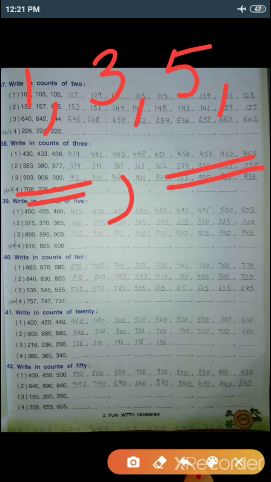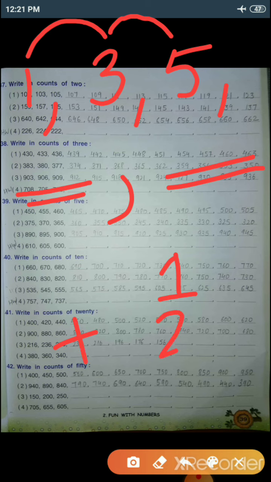Okay. Now you can see one pattern is followed. Like 1, then 3, after 3, 5 is written. That means when I am adding 2, so 1 plus 2 will give you 3. Again add 2 in 3 will give you 5.